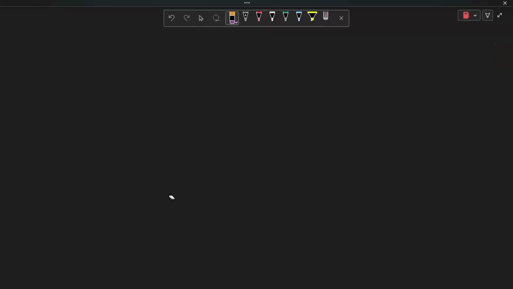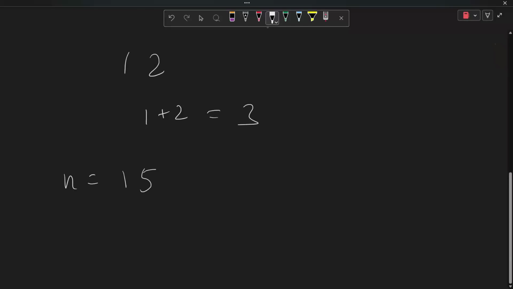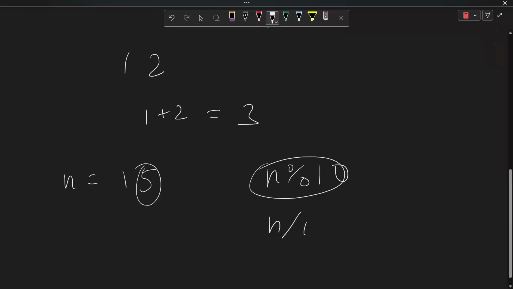We are already given that we have a two-digit number. So let's say it's 12, we just need to find 1 plus 2 equal to 3. That's what we need to do. One basic solution for that is, if n is, let's say, 15, to get the ones place digit, you can do n modulo 10. This would give you the ones place digit, and n divided by 10 would give you the digit at the tens place.